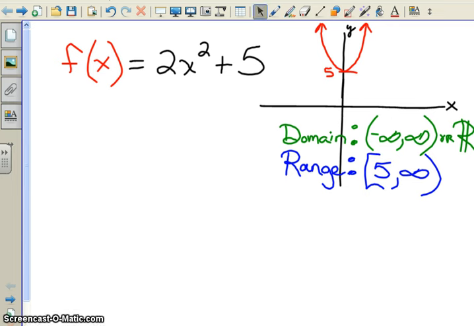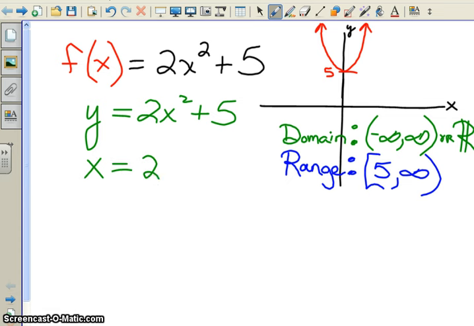We already said that this function, its inverse, is not going to be a function, but we can still write the equation of its inverse. Remember that the inverse involves switching the x and the y, and then solving for y.